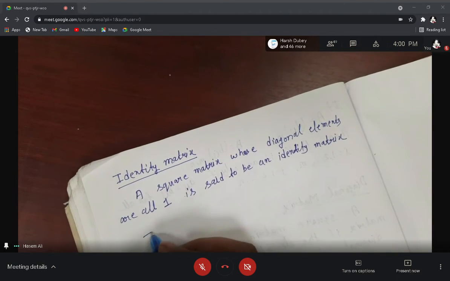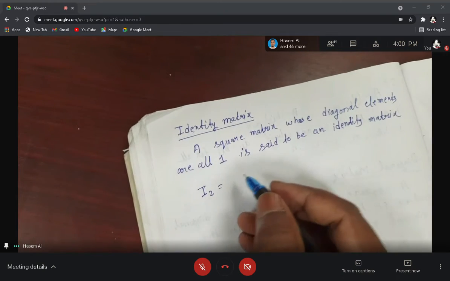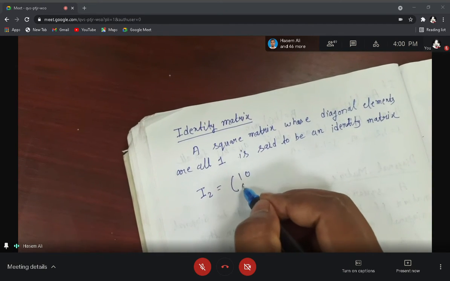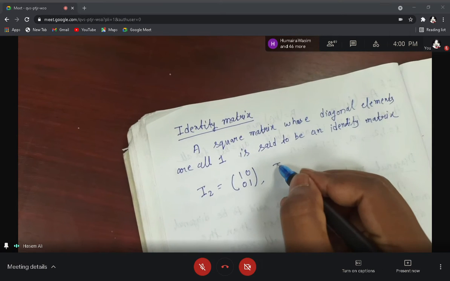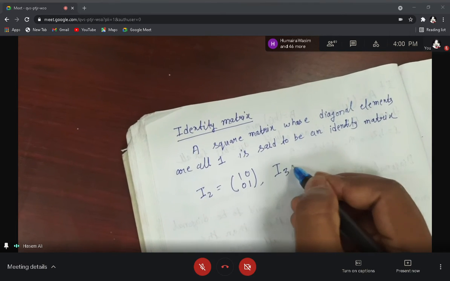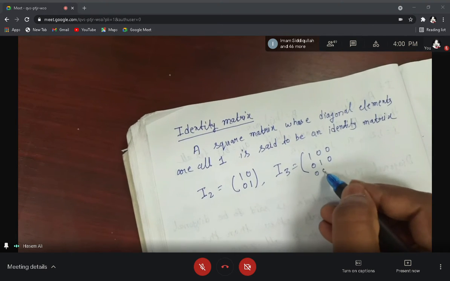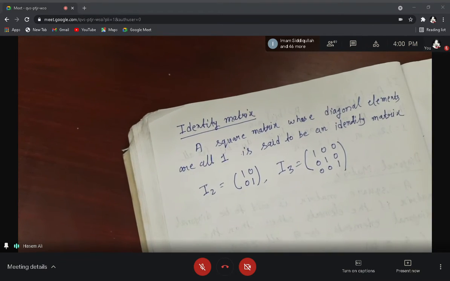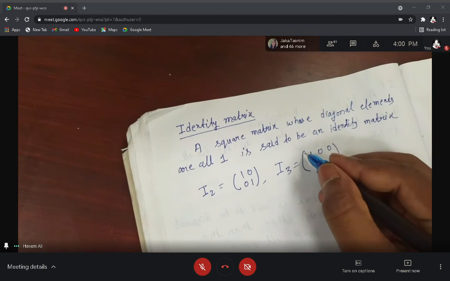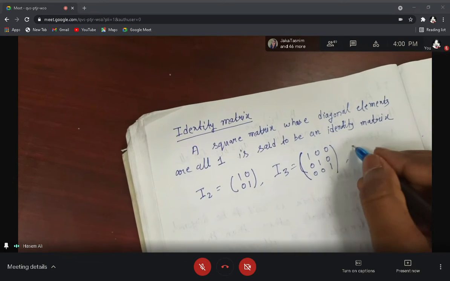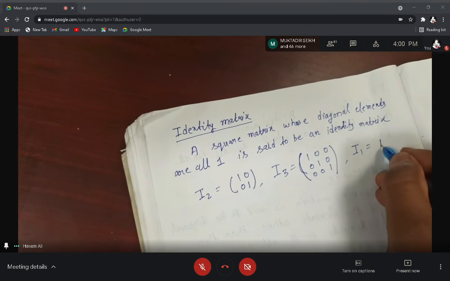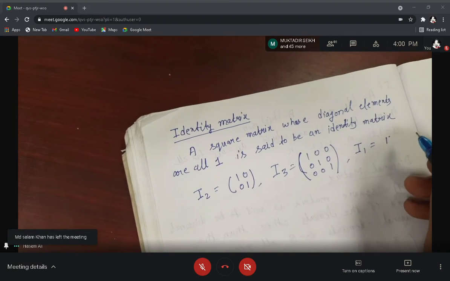That means I2 is 1 0 0 1, I3 is 1 0 0, 0 1 0, 0 0 1, and clearly In, and I1 means only 1, of order 1.